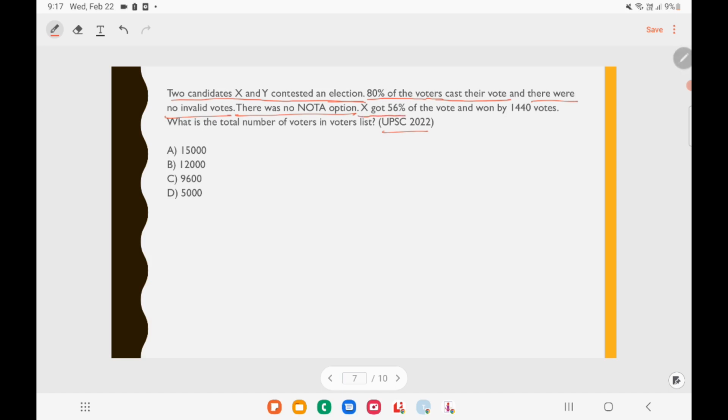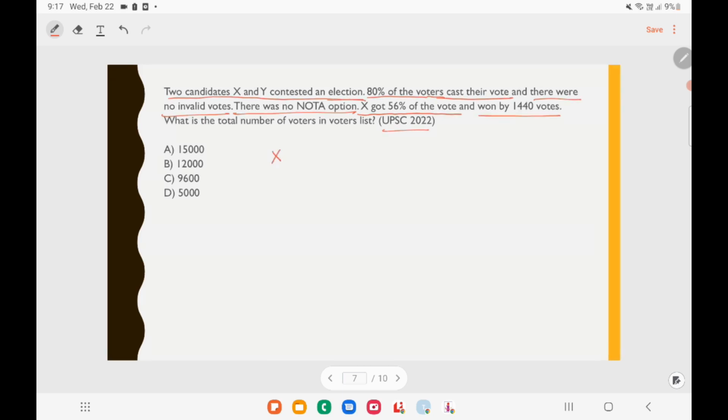X got 56% of the vote and won by 1440 votes. That means the difference between the votes got by X and Y is 1440, because X won by 1440 votes. And X got 56% of the vote.